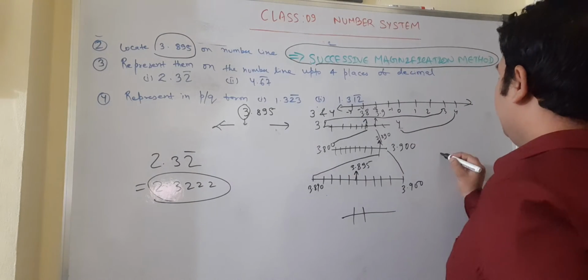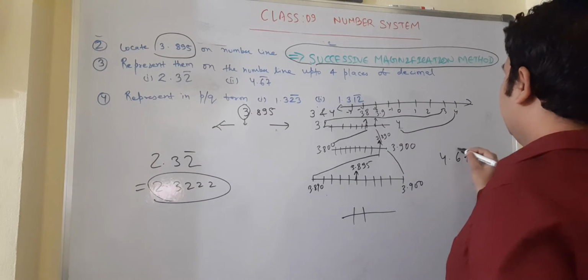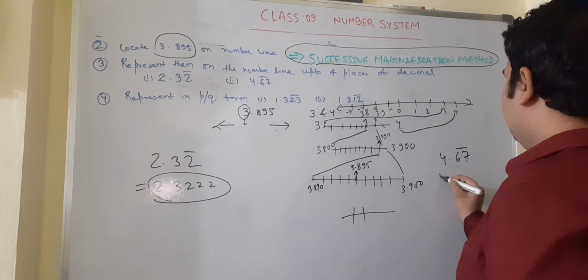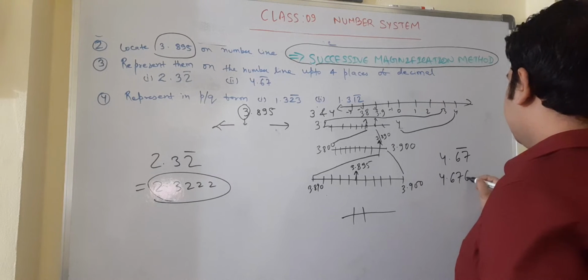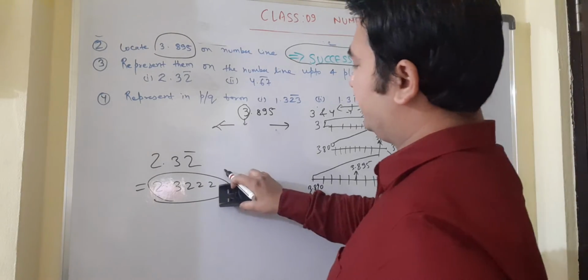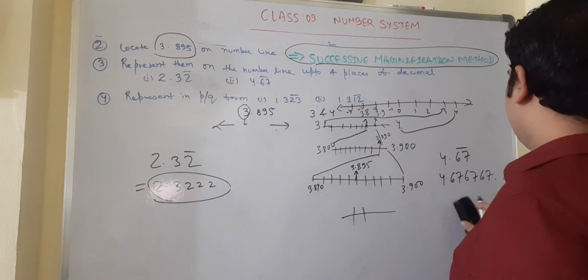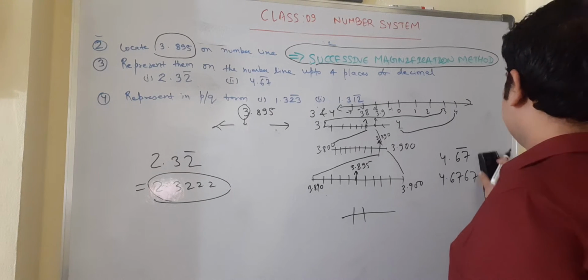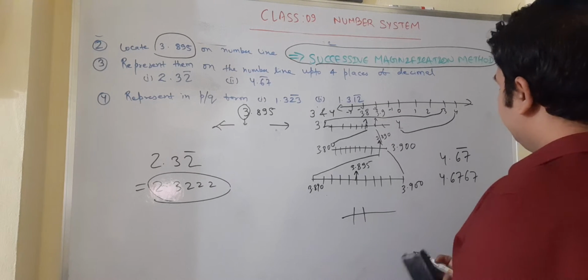Similarly, the next question is 4.67 repeating. Here 6 and 7 both are repeating. So what will it be? It will be 6, 7, 6, 7, 6, 7, 6, 7 and so on. So up to 4 places only, 1, 2, 3, 4 places after the decimal. You have to represent this number.